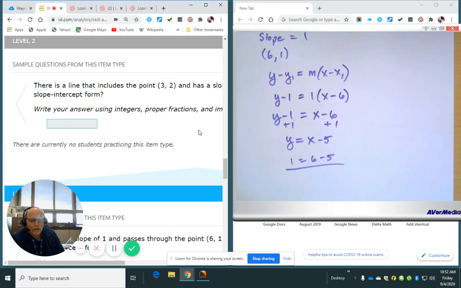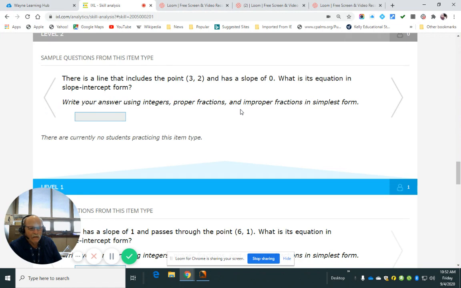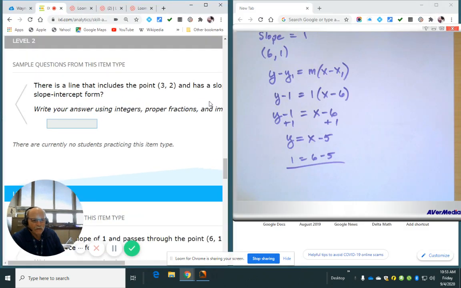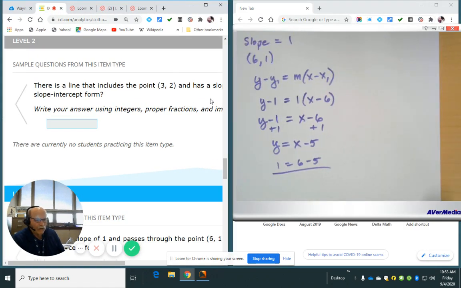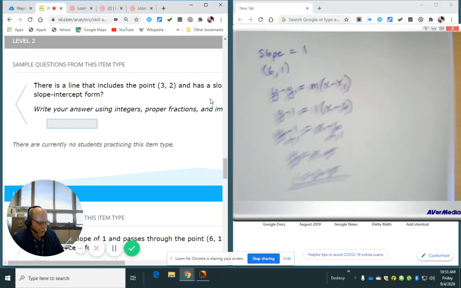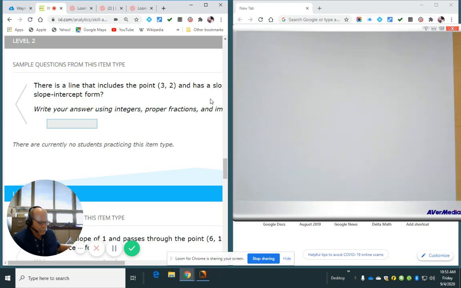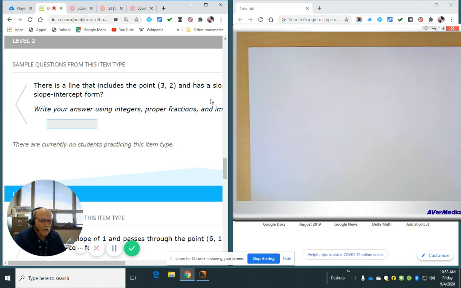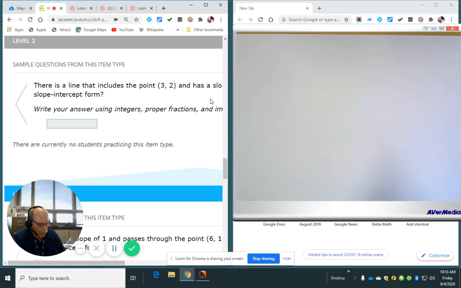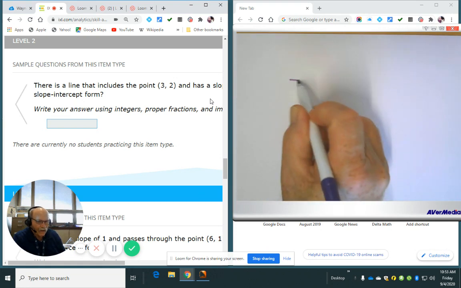Then I have a line that includes the point (3, 2) and has a slope of 0. What is its equation in slope-intercept form? This one is an interesting question, because a slope of 0 is a flat line.